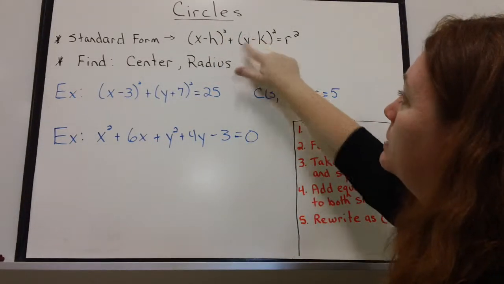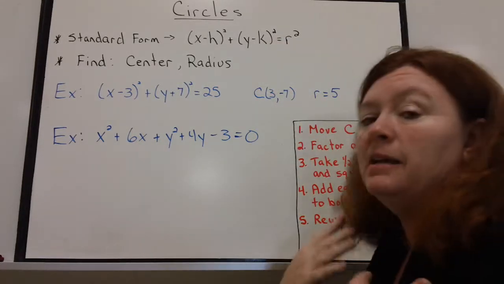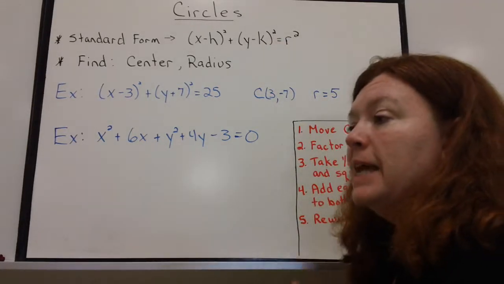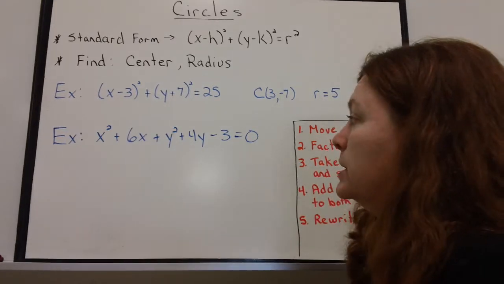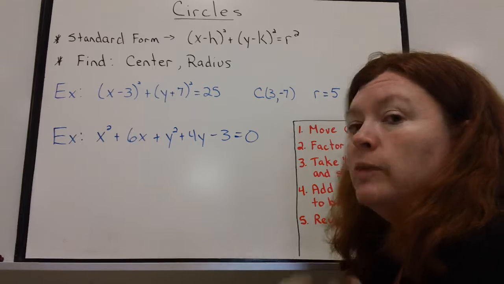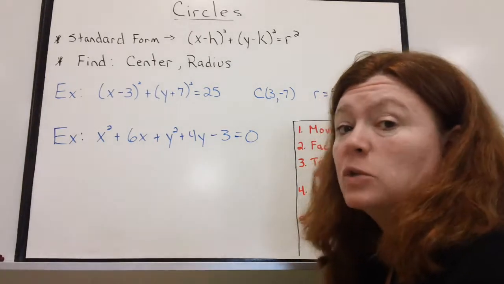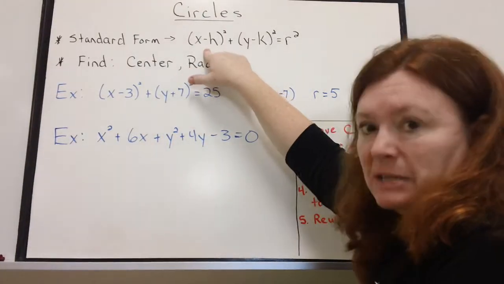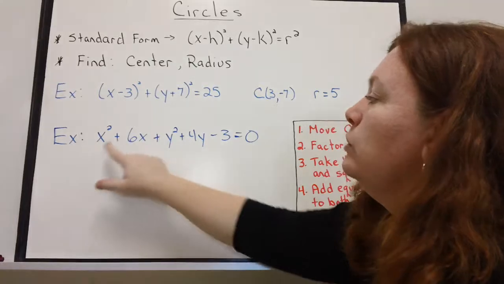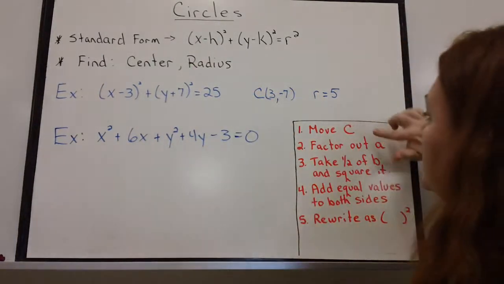Completing the square rewrites your terms and makes them what we call a perfect square. This is a perfect square because it's (x minus h) times (x minus h).